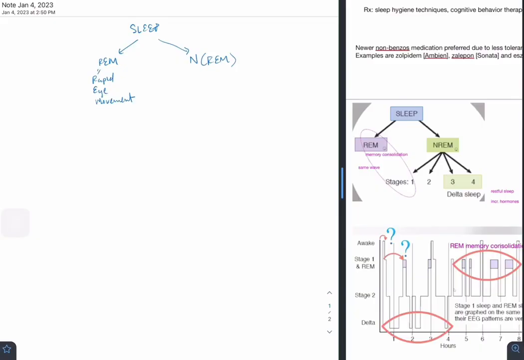This phase here is very useful, especially if you're a student. You want to get as many REM as possible. Generally, to reach REM, it takes about 90 minutes of cycling back and forth.